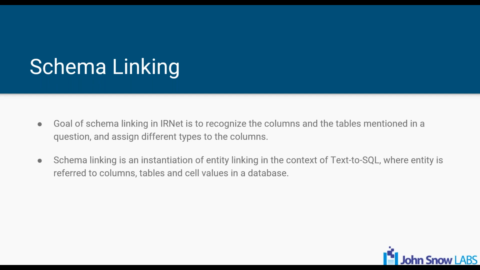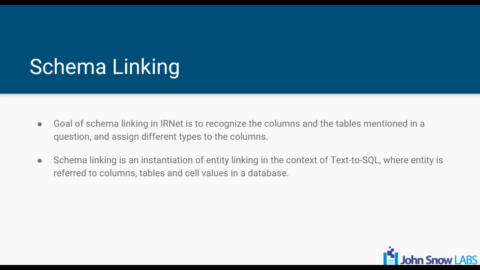As an example, somebody says, show me all the pizza places in New York, but in the database we don't have any New York, what we have is a city. So we need to map that New York into city.